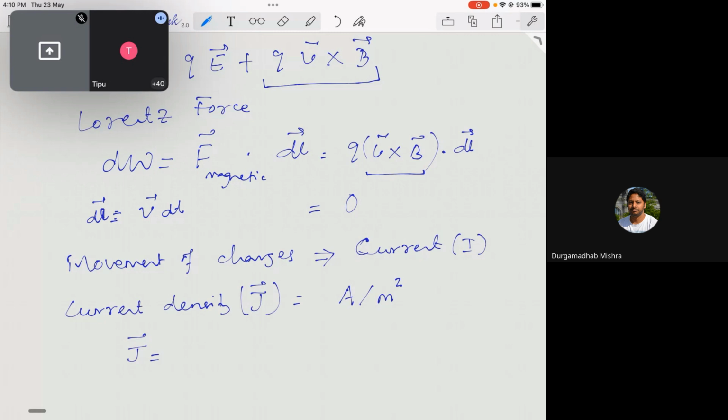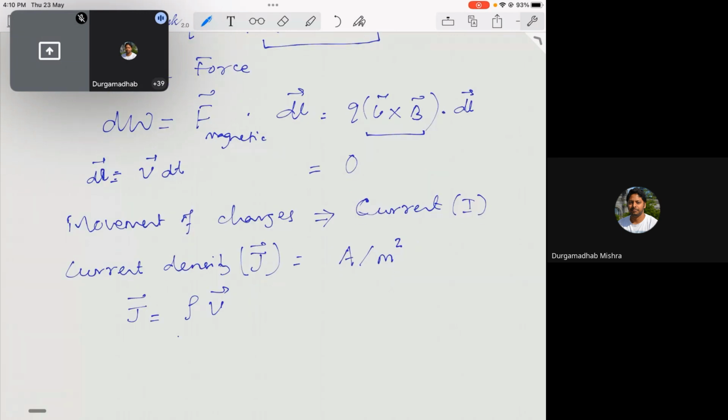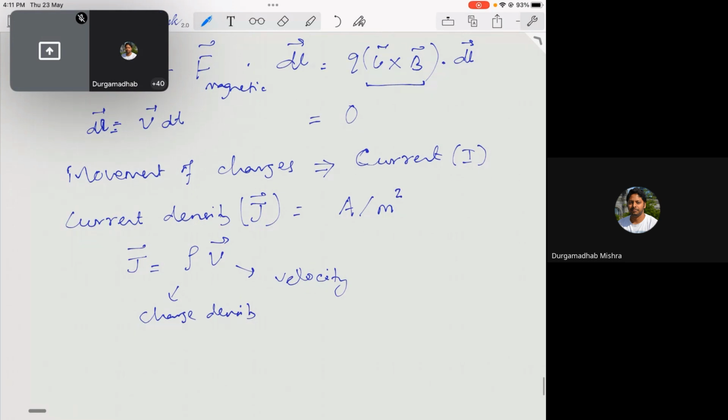You can calculate it in terms of a charge density, given by the relation rho into V. Here rho is your charge density and V is your velocity. What we are assuming is a steady state condition, so all charged particles are moving at the same speed or velocity V. This is the relation between your charge density and current density, J equal to rho into V.